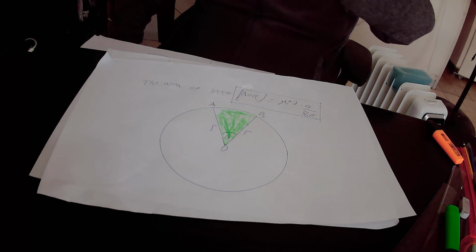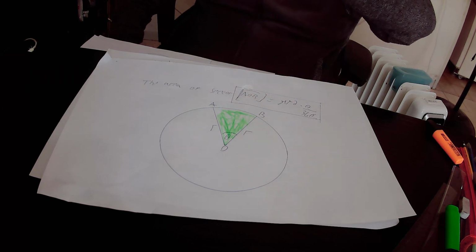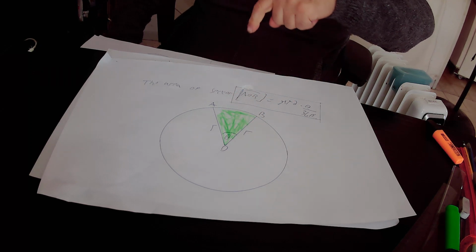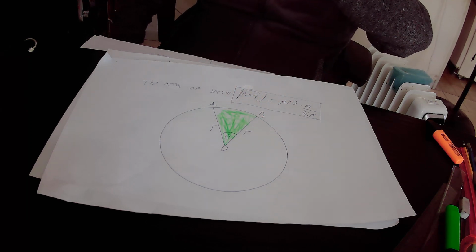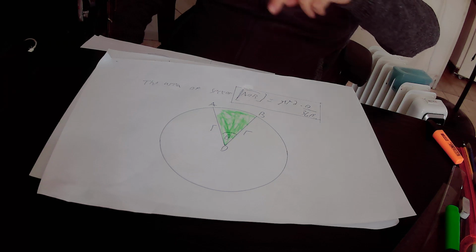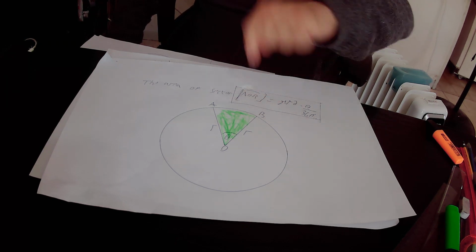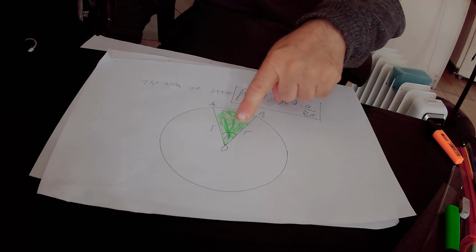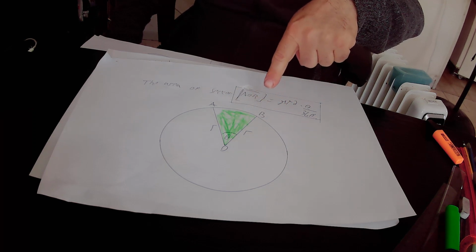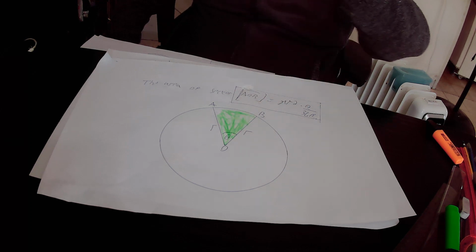Here the green sector AOB consists of two legs. The first leg is AO and the second leg is BO. Both legs AO and BO are the radii of this circle, equal to R. And the angle between the legs of this green sector AOB is theta.